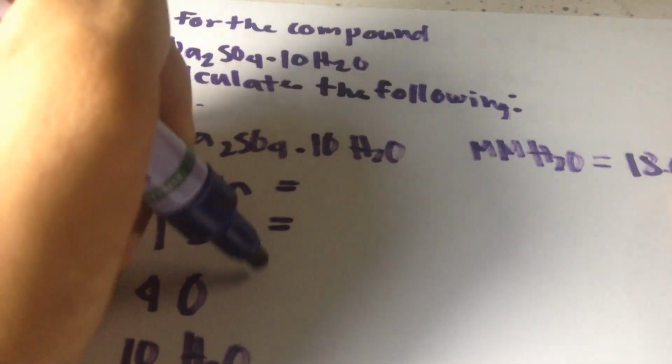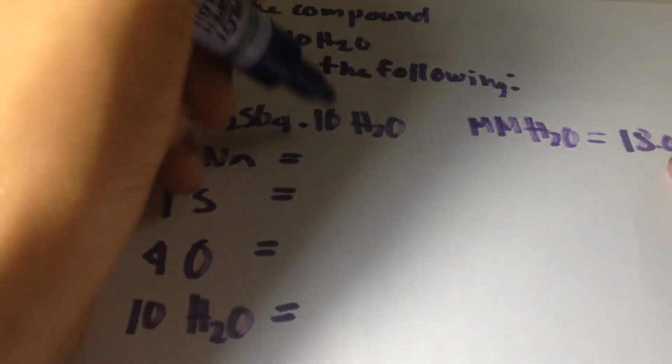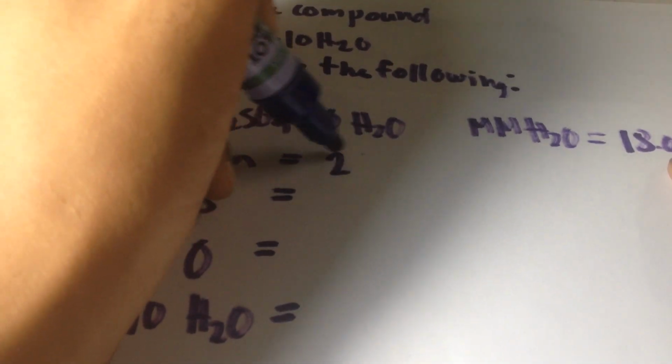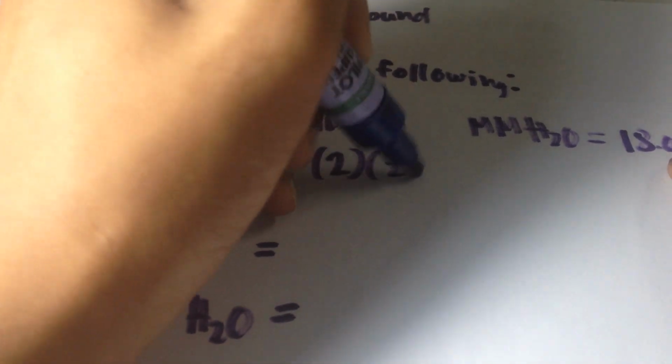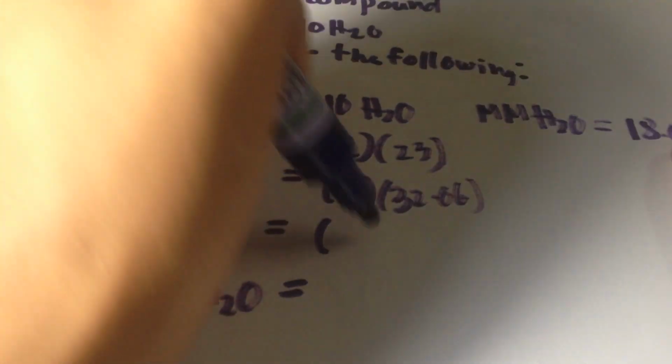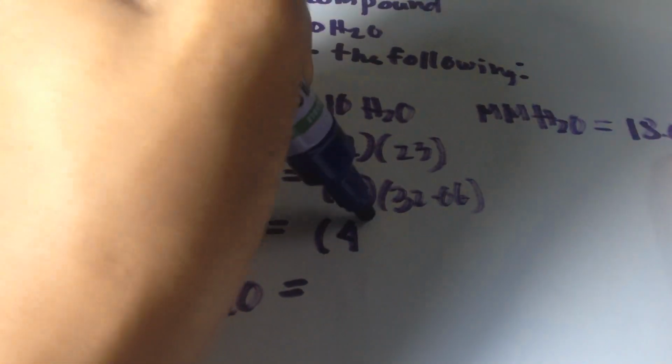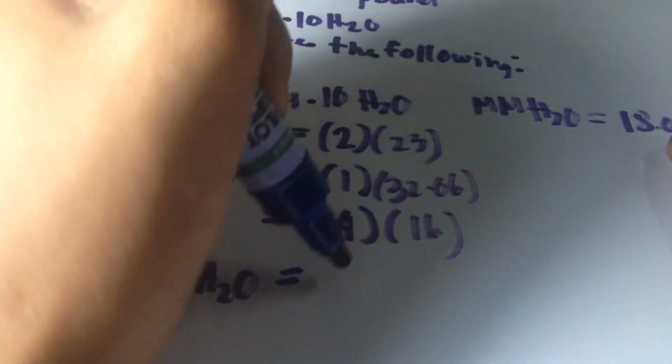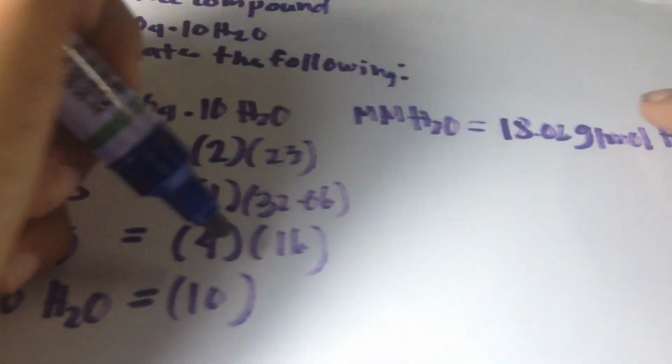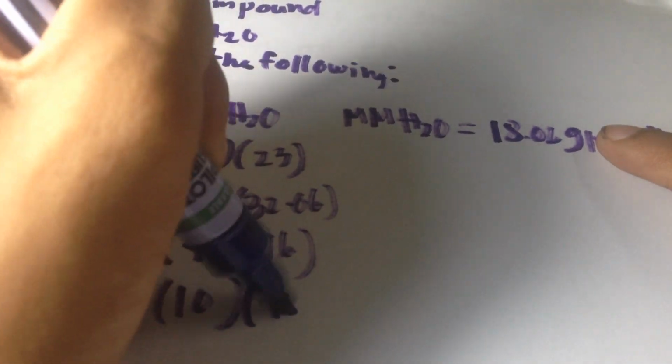So 2 times 23, 1 times 32.06, 4 times 16, and 10 times 18.02.